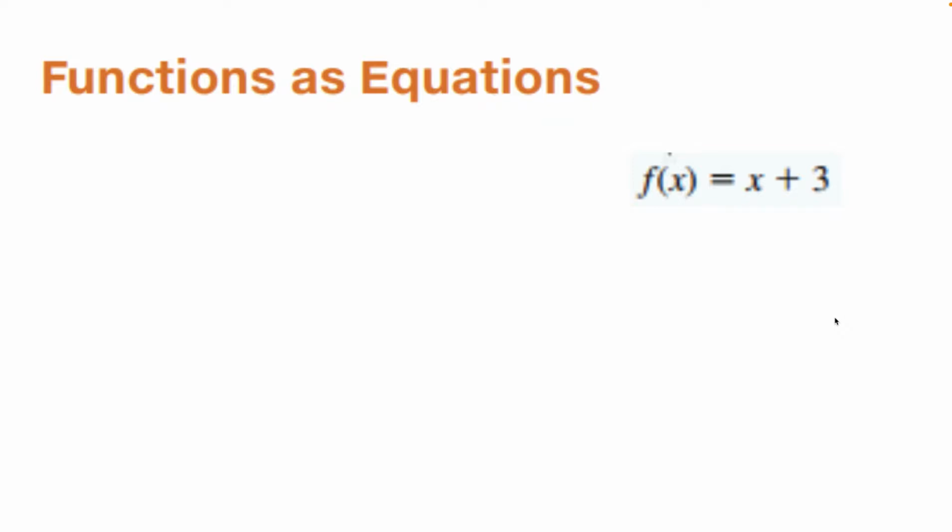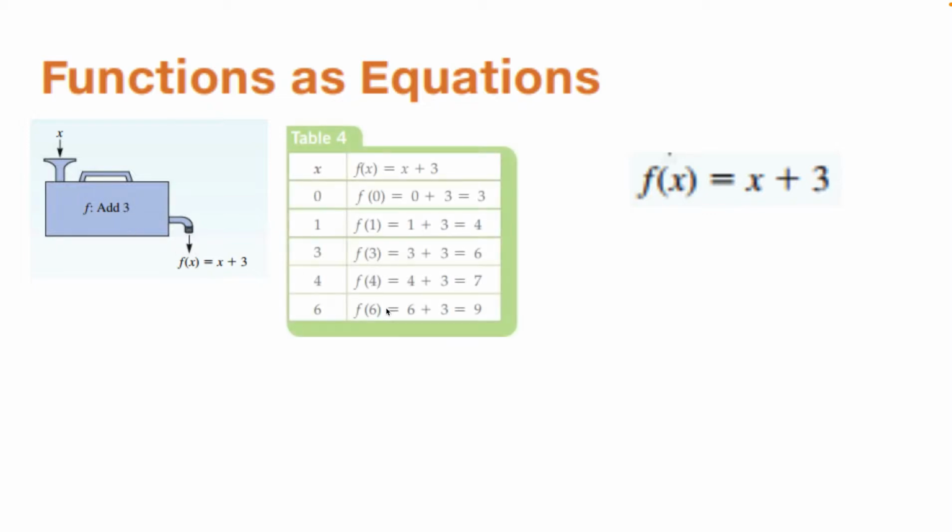Functions can be written as equations, like f of x is equal to x plus 3. So for this function, if I use the function machine, I put x in there, and my output is always the input number added by 3. So that is my function rule, right?